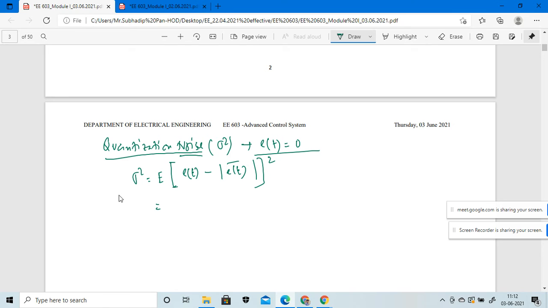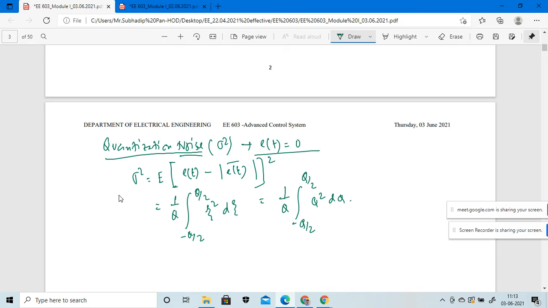If we simplify this equation, we have the integral from minus q by 2 to plus q by 2 of epsilon square d of epsilon, or we can write it as 1 by q, integral from minus q by 2 to plus q by 2 of epsilon square d epsilon.